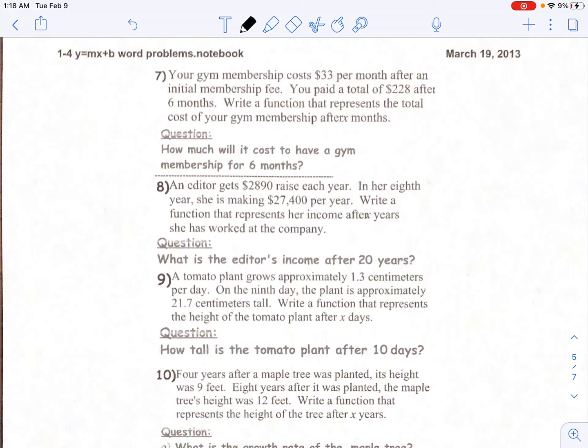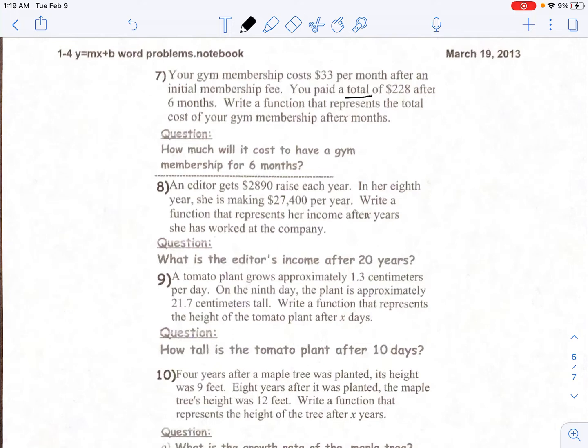So it says your gym membership costs $33 per month after an initial fee. You pay $228 total dollars after 6 months. Now, okay, here's the key. It says you paid a total of $228. All right.